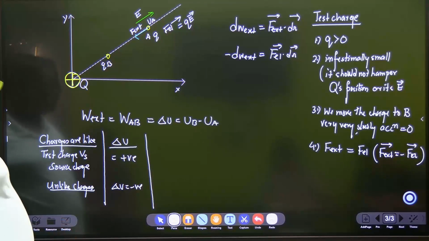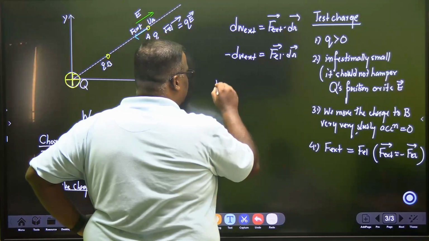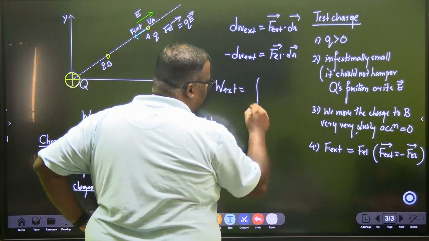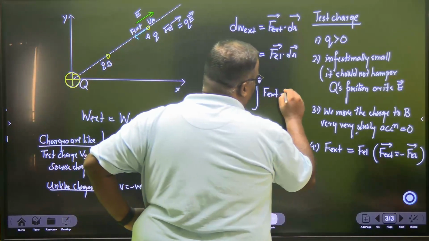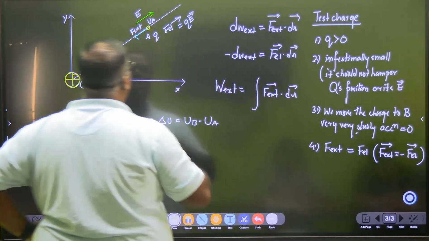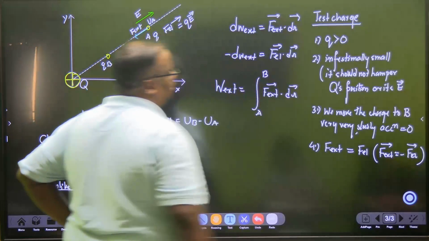Is this clear so far? So, the external work done can be written as the integral of the external force into the small dr, okay? And where will you integrate it? I will integrate it from A to the point B. Clear?